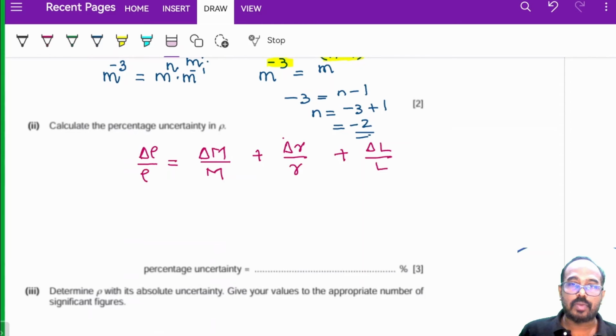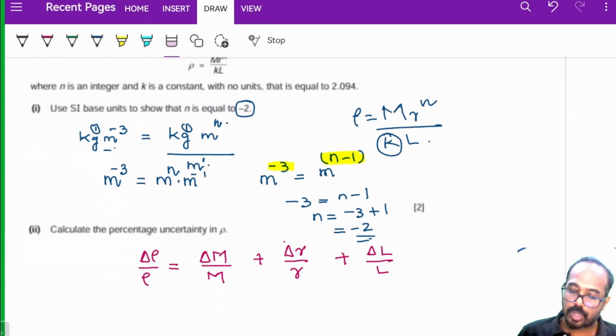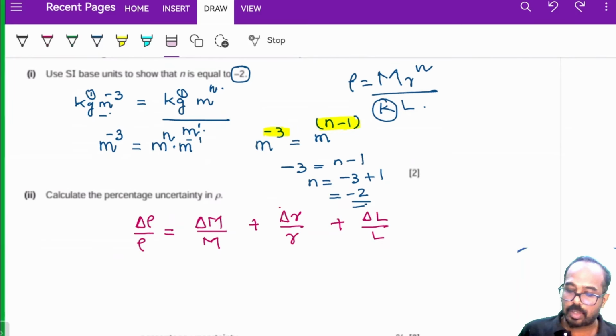After writing that fractional uncertainty equation, you need to check the powers of the quantities, okay? M and L have power 1. You don't need to write that, but R has a power n, right? That you already found out, that is -2. So you need to multiply the power of R with the fractional uncertainty in R, right? So you multiply this one with -2, that is the value of n.